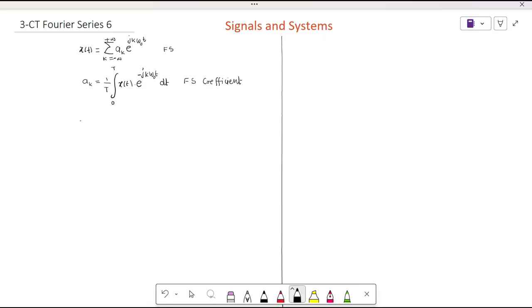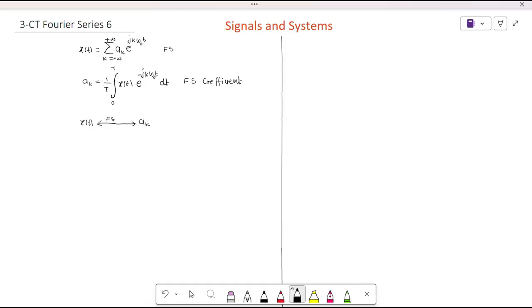So this x of t is a periodic signal. We are converting from the time domain to the frequency domain. Here ak is in the frequency domain. Whenever you apply the Fourier series to x of t, it becomes ak.